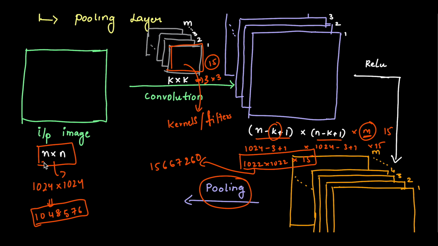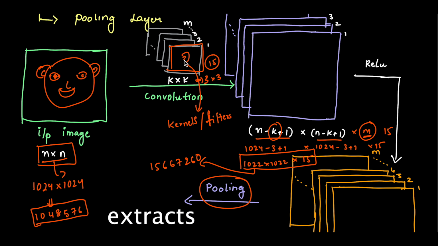So first we'll take the input image of n cross n. After that, we'll apply convolution, which will help us extract features. Let's take an example. The first filter only wants information about this ear, the left ear, this one. Then only in this portion it will show significant information. In all remaining portions, it will not show any information.